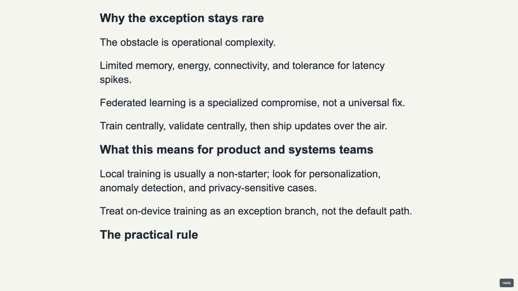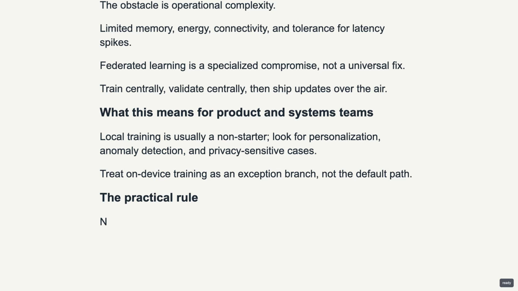A simple rule helps separate the rare cases from the default ones. If the device cannot get useful labels cheaply, it should not be training. If labels are cheap and the task truly benefits from edge adaptation, local learning can be justified.